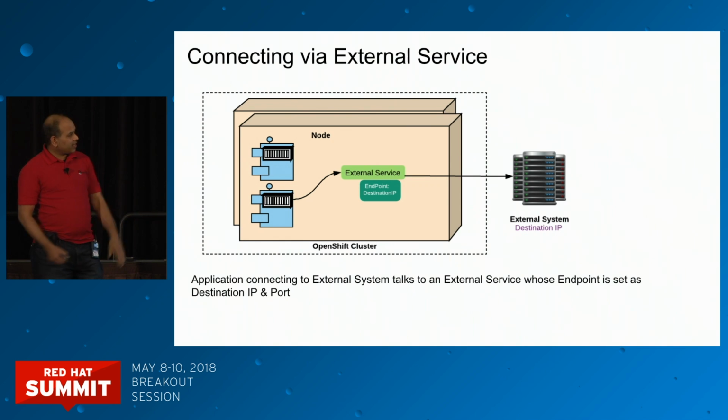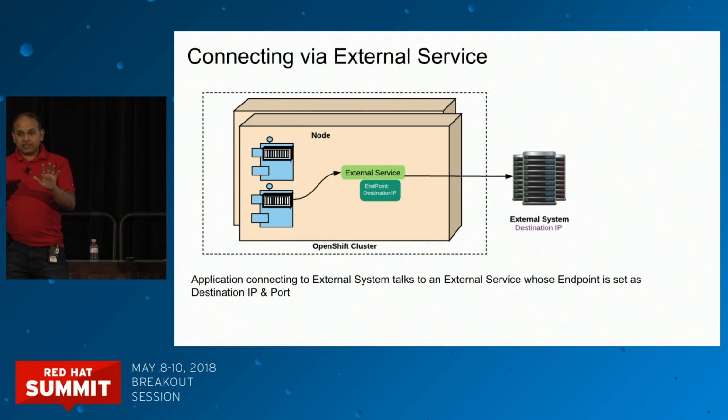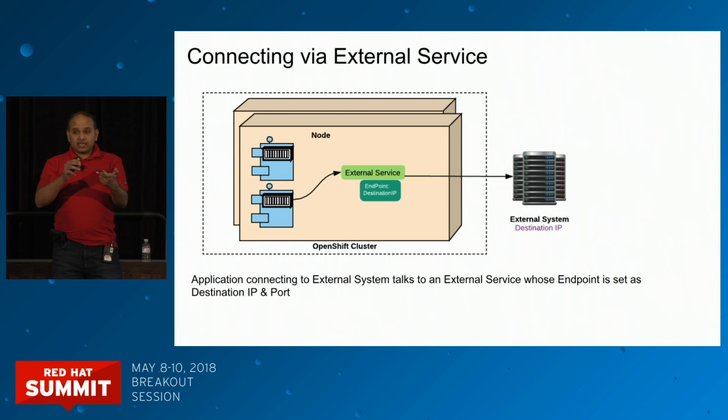If that's the case, you're kind of hard coding it into your application. The better way to do that is to create something called an external service. What is an external service? Every service, and I was assuming that you know how a service works, has a selector, and the selection mechanism, based on the labels, selects the pods that it is front-ending.